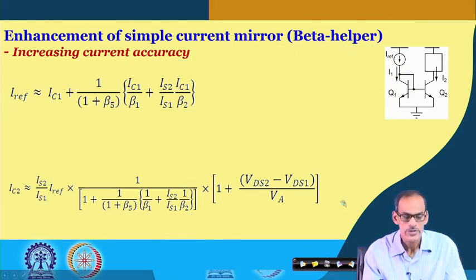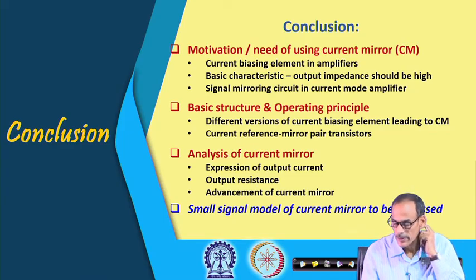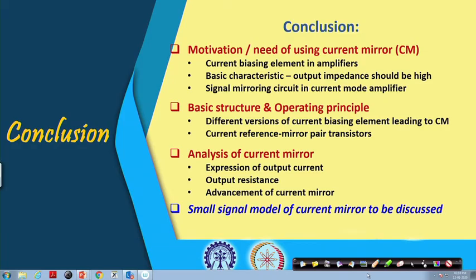Now, to summarize what we have discussed in this lecture, we started with the motivation for going for a current mirror, namely that to implement a current biasing element in an amplifier, we require a current mirror. We also discussed a basic characteristic, namely that the output impedance of the current biasing element should be as high as possible.